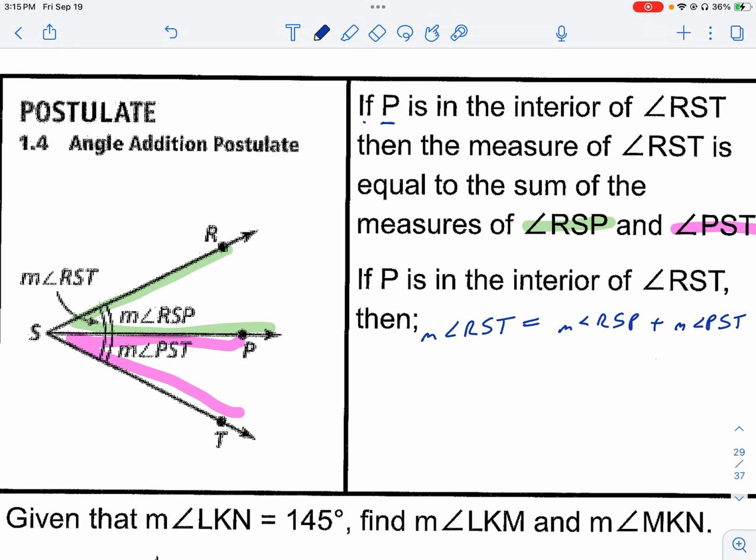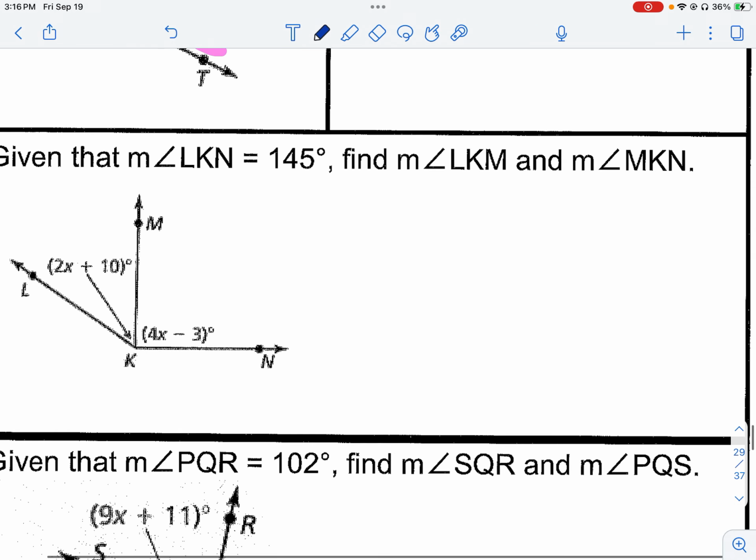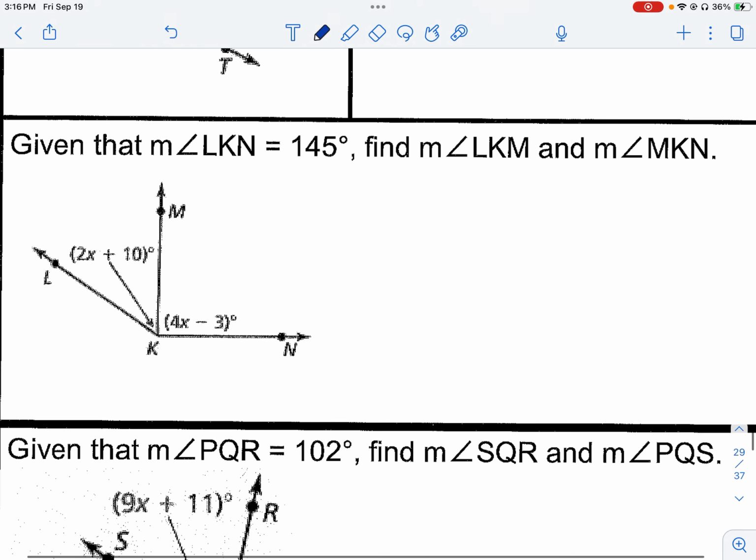And the measure of RST is right here. It's this whole thing. That's what this graphic is showing us. Well, let's see how that actually will work.